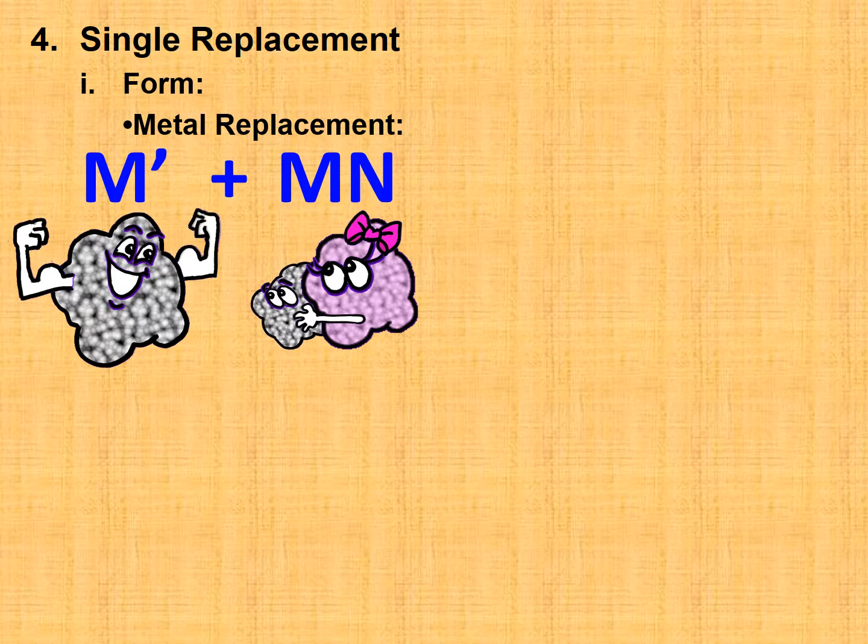It would rather have a partner than be single. This means that if the stronger of the 2 metals starts out as a pure element, then because it is stronger or more active, it will be able to replace the weaker metal in the compound, forming a new relationship or a new compound.